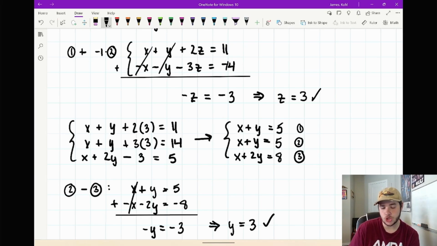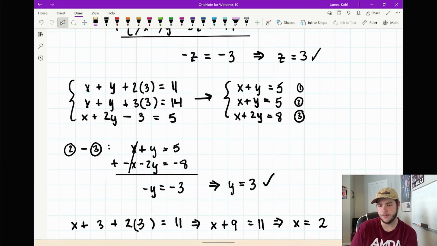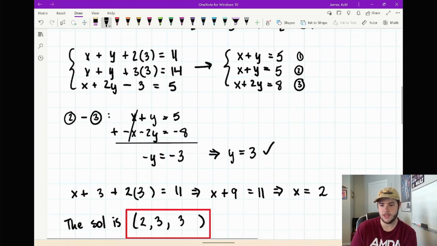Now that I have 2 of my variables, y and z, I can use them both in one of my equations to get x. I used equation 1, that x plus y plus 2z equals 11. Or x plus 9 is 11, that tells me x is 2. So the solution to this system is x, y, z, or 2, 3, 3.